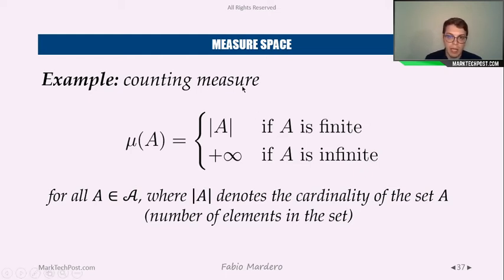So the counting measure will give us the number of elements in this particular subset. Let's say that the entire basket is our omega, then A will be a small set, a subset of omega, and we count the elements of this subset.